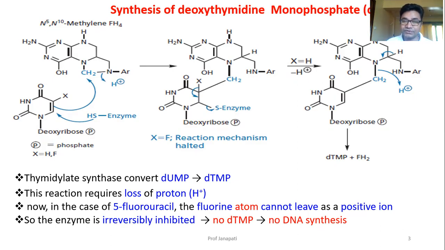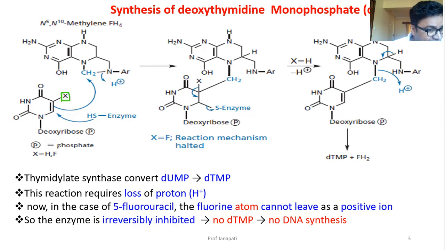This is a very good diagrammatic representation. So please listen carefully. One important thing you need to observe is that this is a uracil derivative. When X is H, it is uracil.